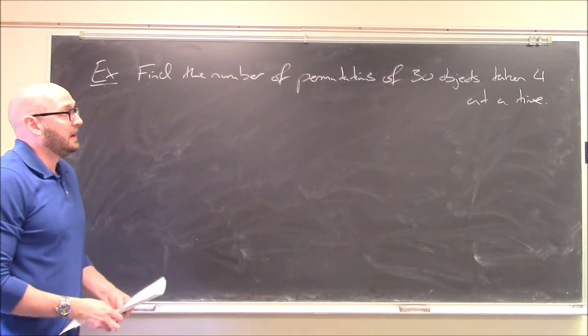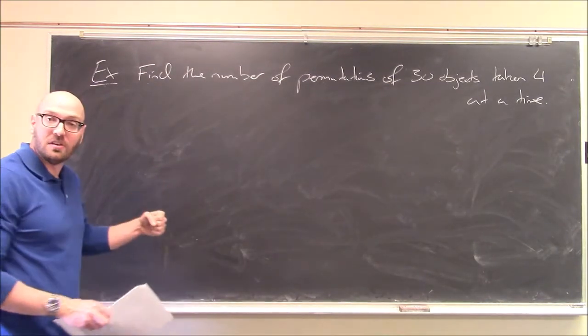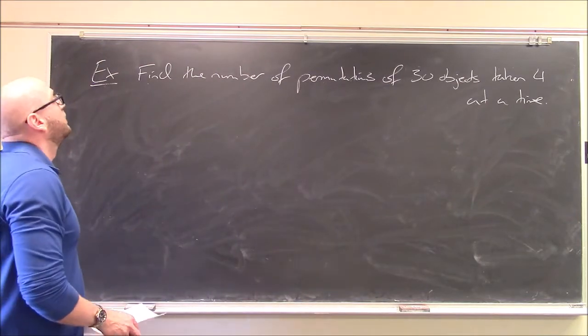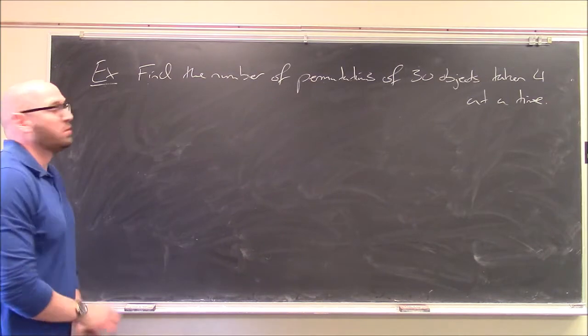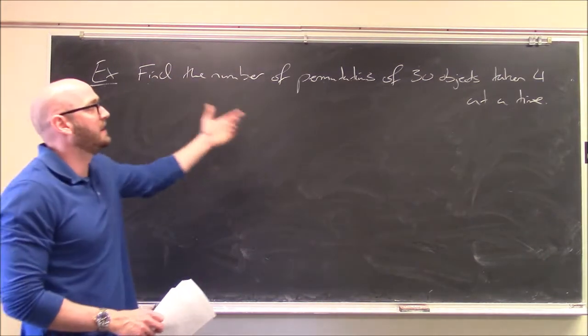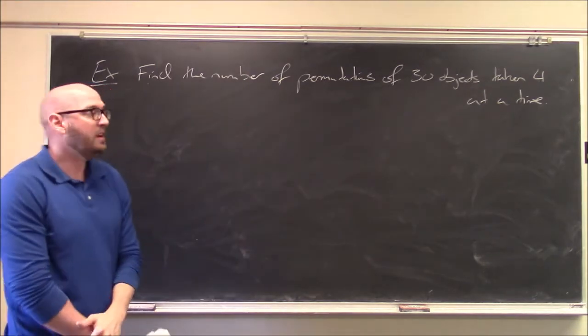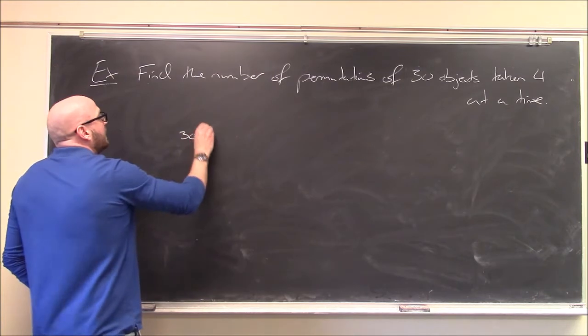All right, so we already did an example like this. We have 4 paintings, and we want to know how many permutations there are if we take 2 of them at a time. So no real world interpretation here. It's just a question of find the number of permutations of 30 objects taken 4 at a time. Well, what we're trying to compute is 30P4.